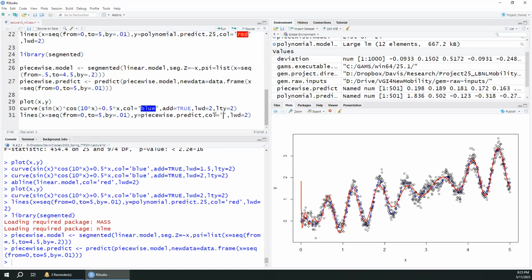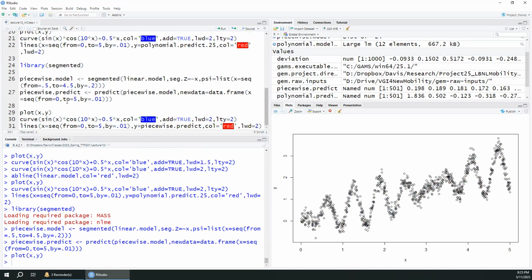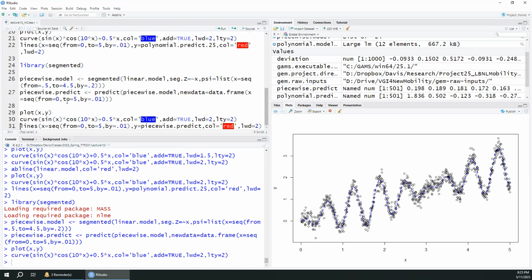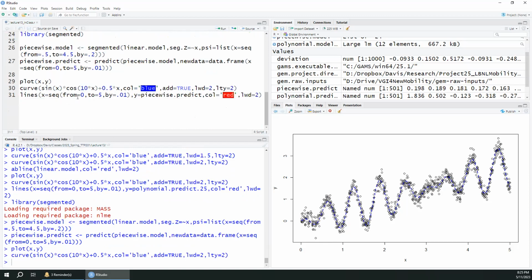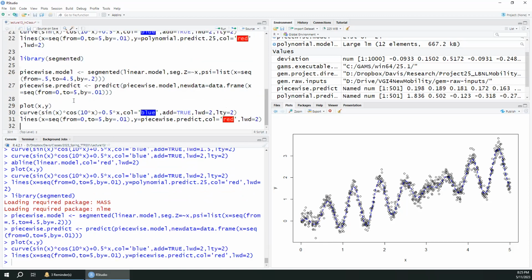Let's actually leave the color red for now. Okay, so here are our points. Here is the true line. And using our piecewise model, here is our regression.